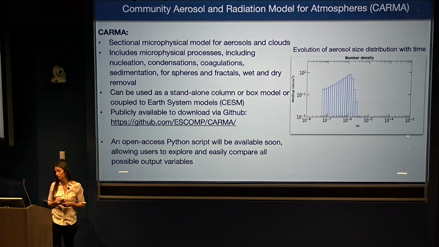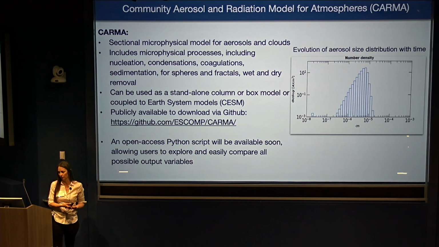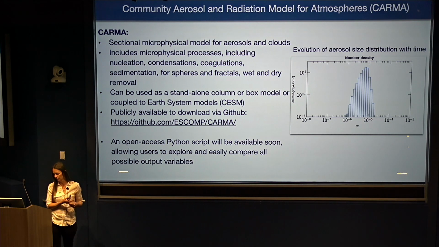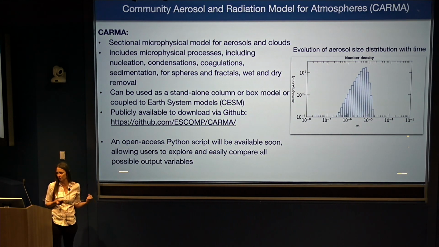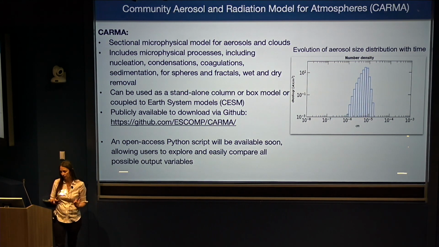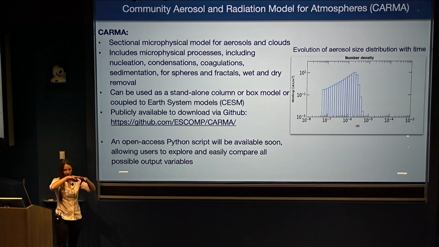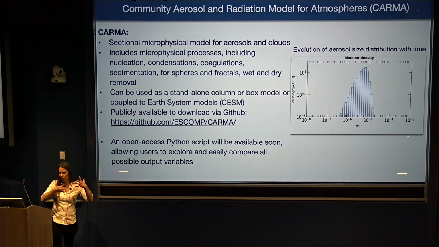But then also coagulation is really important. We see it for the fractal particles and so on. There's also sedimentation, how the particles fall out. We can in this model consider spheres as well as fractals, and we can also include removal, like wet and dry removal. This model can be run as a column model, being like a box in the atmosphere, thinking about radiation if we want to understand radiative properties.